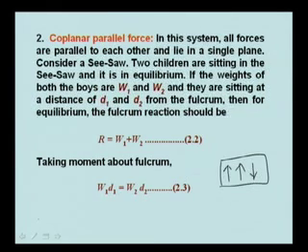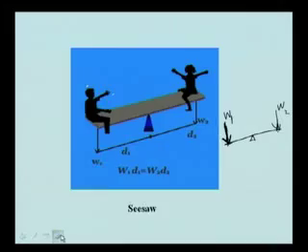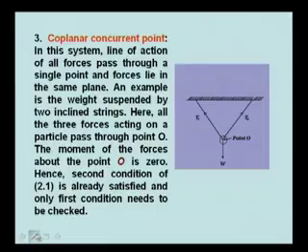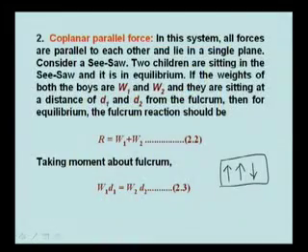Now, if the children with weights W1 and W2 are sitting at distances D1 and D2 from the fulcrum, then for equilibrium the fulcrum reaction R is equal to W1 plus W2.